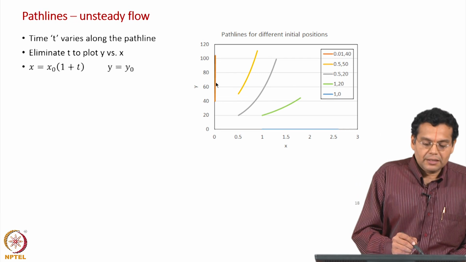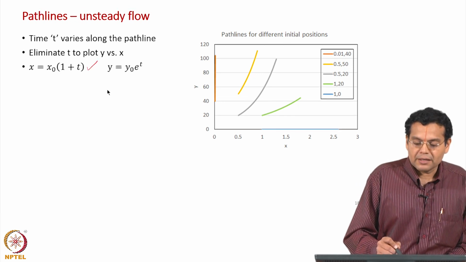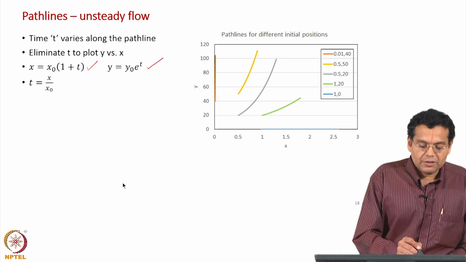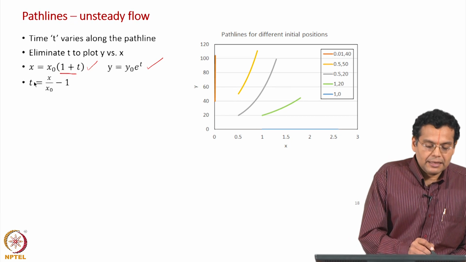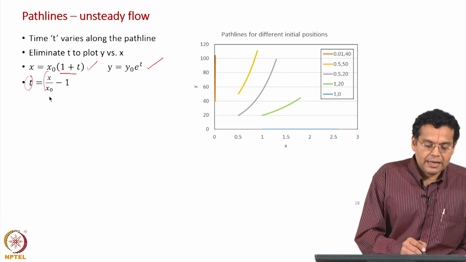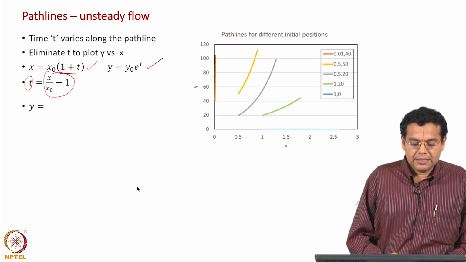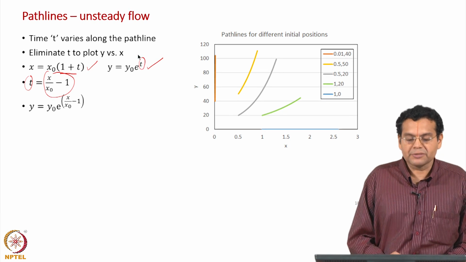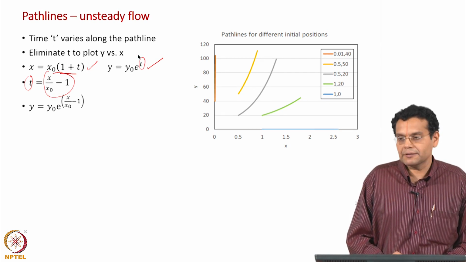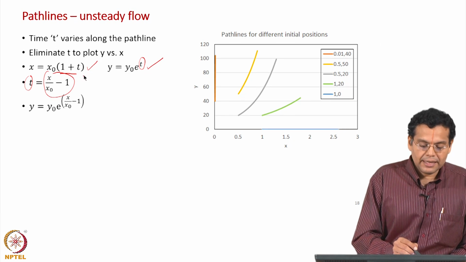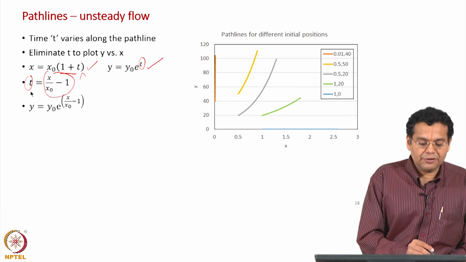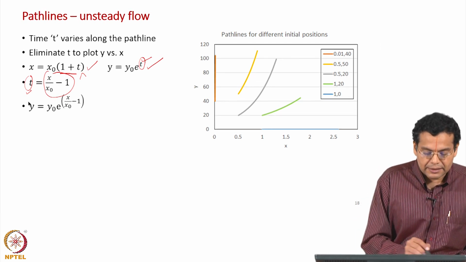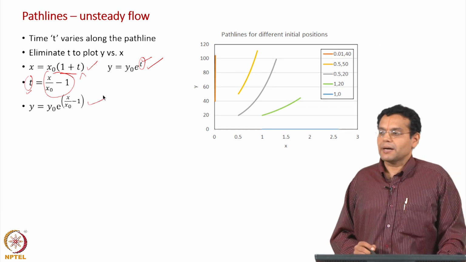This is the variation of the x coordinate with time and this is for the y coordinate with time. So, we will take this equation and express t in terms of x and x naught, and then substitute in the second equation for t, which means we have eliminated the time variable t. So, take this equation, rearrange and write it for t, substitute here, so that t gets eliminated, and this is the equation for the path line.